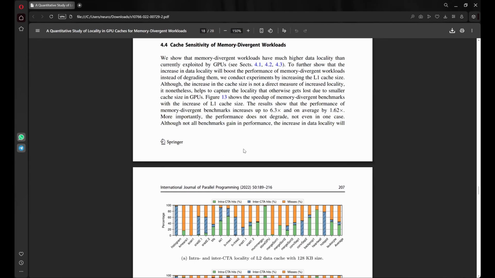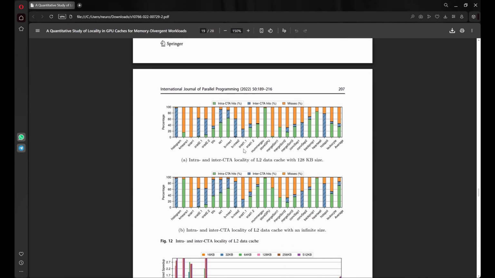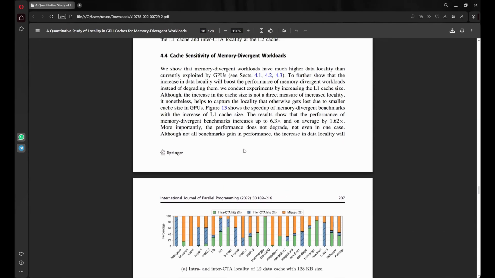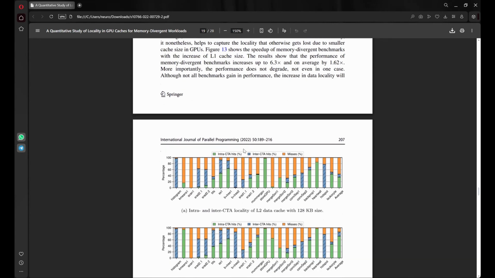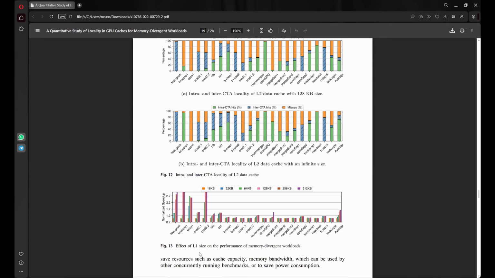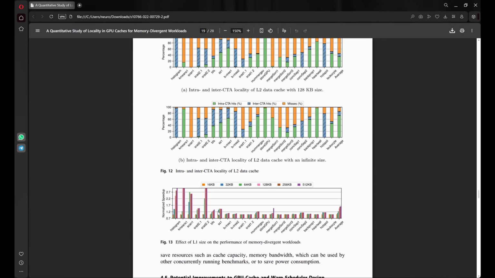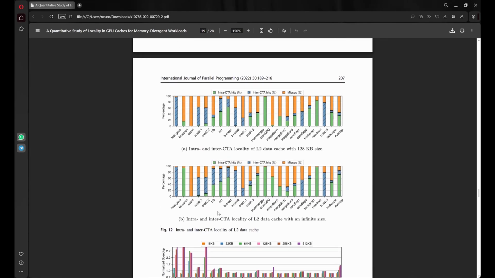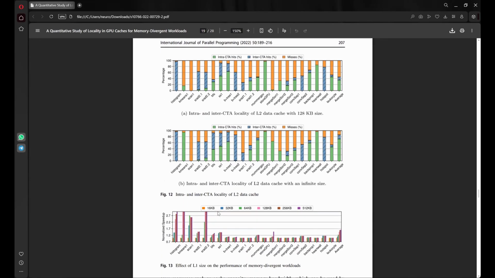So this is pretty interesting. Disregard figure 12, that's from the previous section. The primary figure of the section is figure 13. What they did here is they tried to see how much of a speedup in terms of performance you get with a larger cache size.